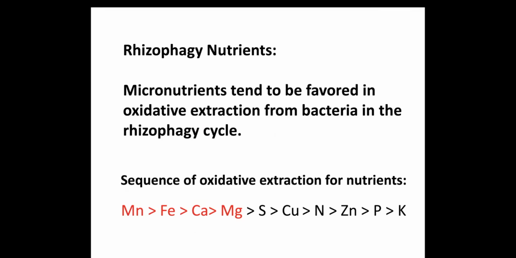Okay. And this is some of the nutrients we think that they carry, these divalent metals, and many of the minerals. We think this is oxidative extraction. Some of these are really important.